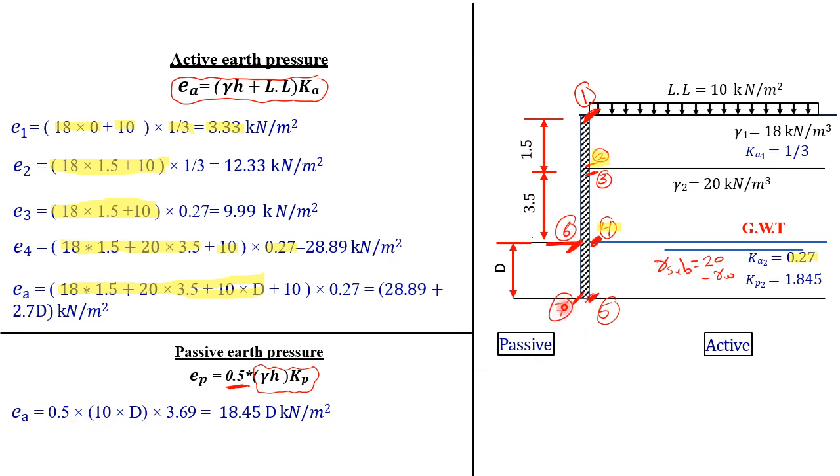That's the earth pressure at point 7. At point 6, the earth pressure is 0. At point 7, the earth pressure should be as follows. Gamma H is 10, which is 20 minus gamma water, because I am below the groundwater table. So it's 10 times D. So that's my vertical stress due to the own weight of soil, times K passive. K passive is 3.69.